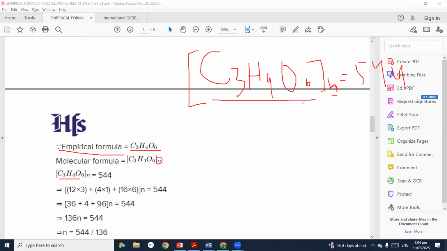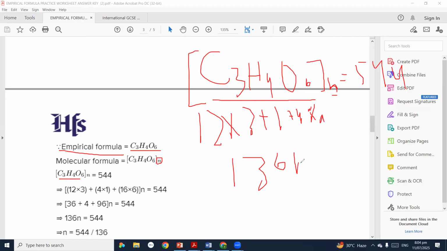First of all, you will calculate the molar mass of this. So 12 multiplied by 3, you know very well how to calculate this, plus 1 multiplied by 4, plus 16 multiplied by 6. So directly I'm writing over here 136. n is equal to 554.